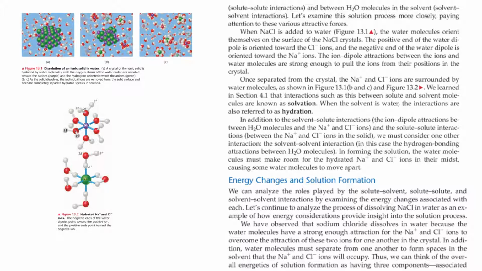In addition to the solvent-solute interactions, the ion-dipole interactions between the water molecules and the sodium and chloride ions, and the solute-solute interactions between the sodium and chloride ions in the solid, we must consider one other interaction, the solvent-solvent interaction, in this case the hydrogen bonding between the water molecules. In forming the solution, the water molecules must make room for the hydrated sodium and chloride ions in their midst, causing some water molecules to move apart.